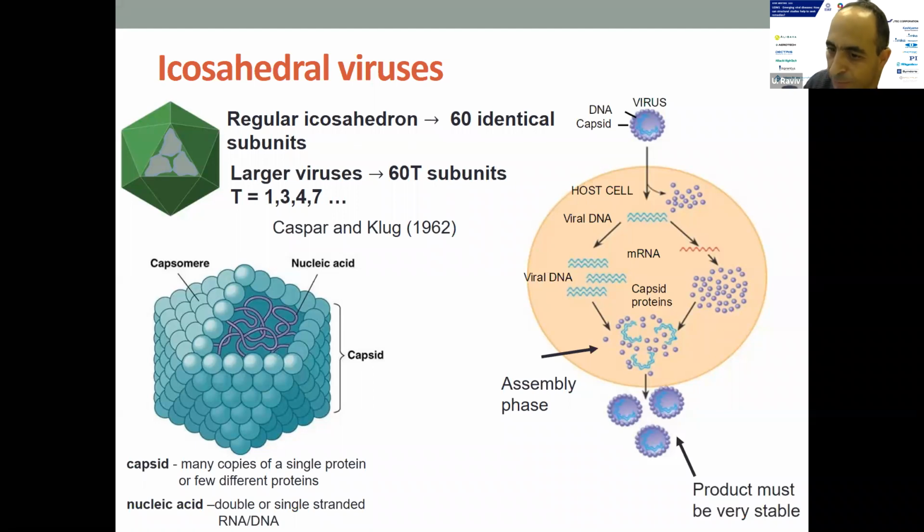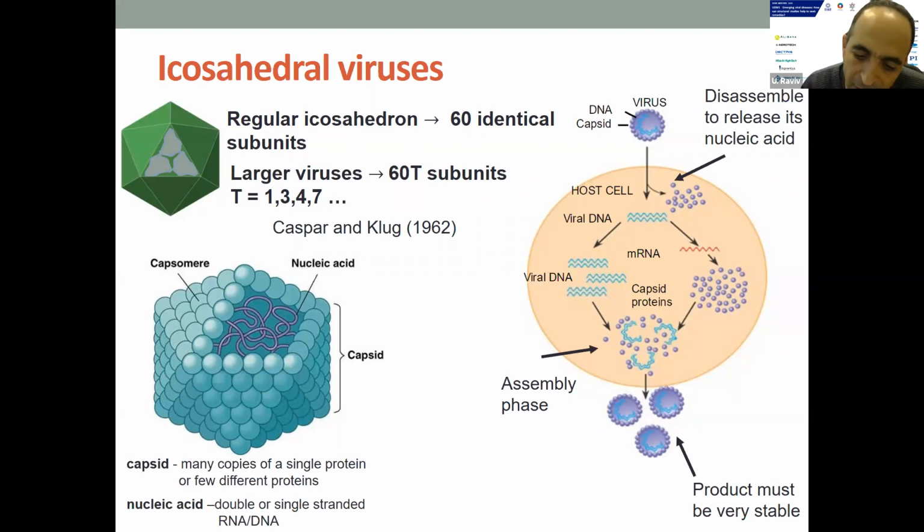On the one hand, the product has to be stable enough to survive all these processes outside and inside the cell. But on the other hand, it has to disassemble. It cannot be too stable because otherwise there will be no way to disassemble it.